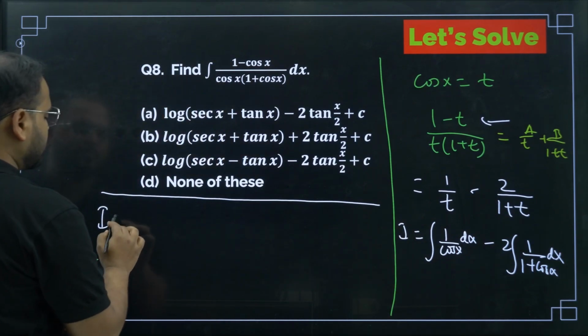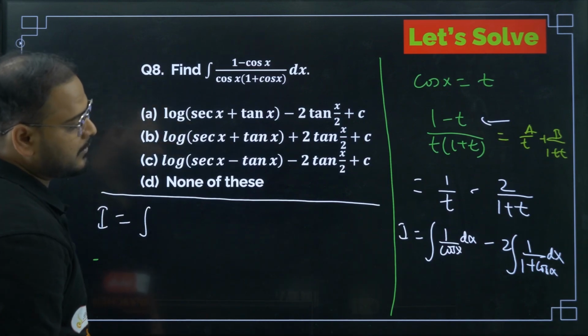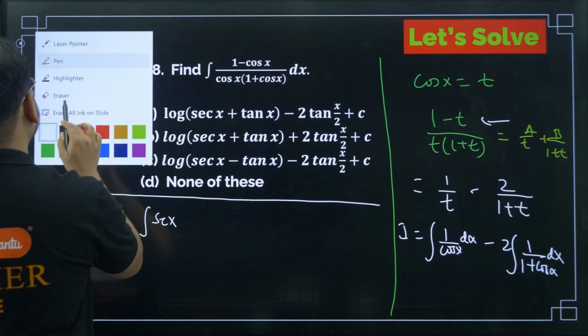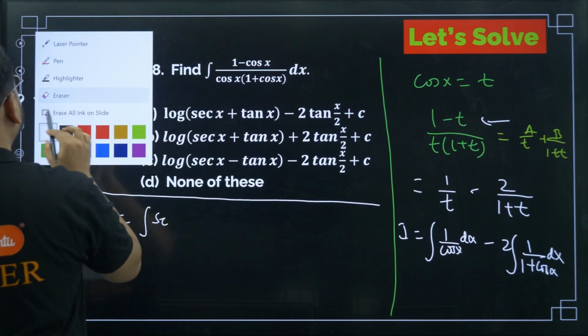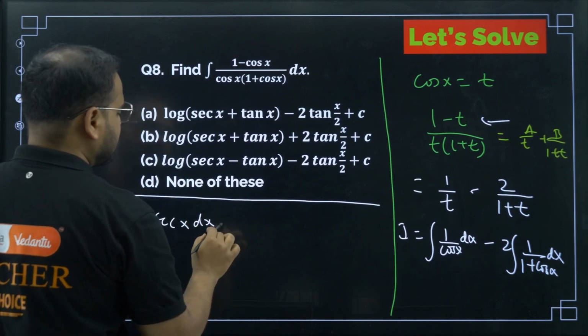Now have a look. I equals what I'll get: integral of 1 by cos x will become simply sec x dx.